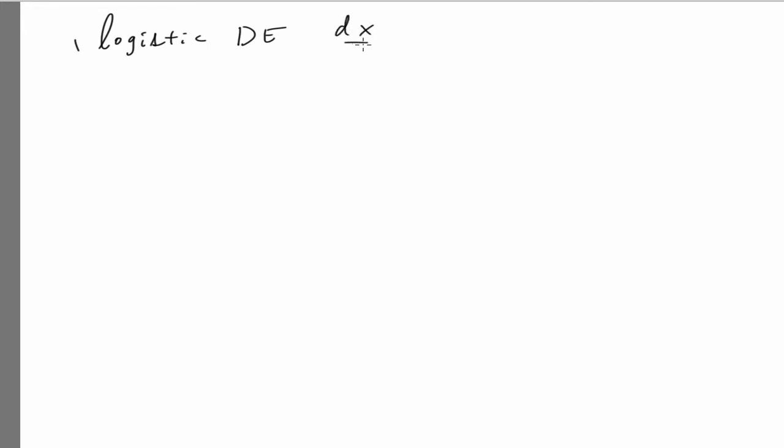That's dx dt is equal to kappa times x times L minus x. To keep it simple, I'm going to say kappa is equal to 1 and L is equal to 1. So what we have there, of course, is x times 1 minus x.